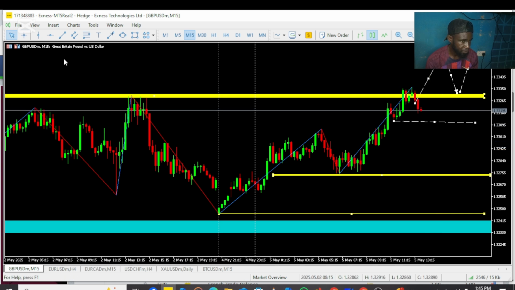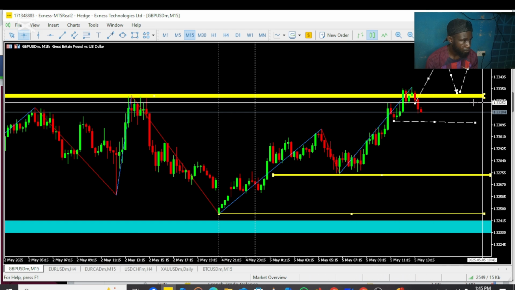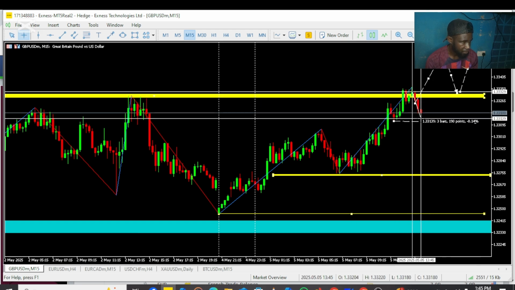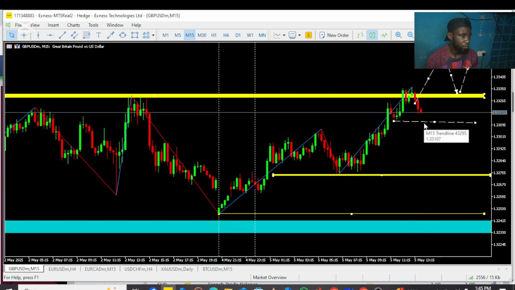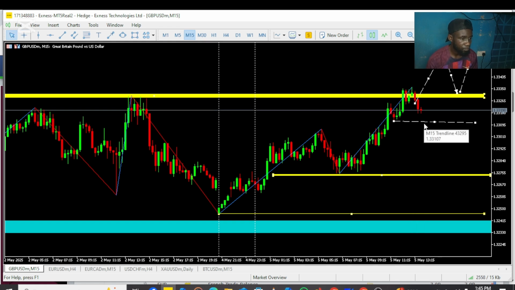The market is pushing back to test this support zone over here. Okay. So guys, for GBP USD, we are expecting a buy on GBP USD.